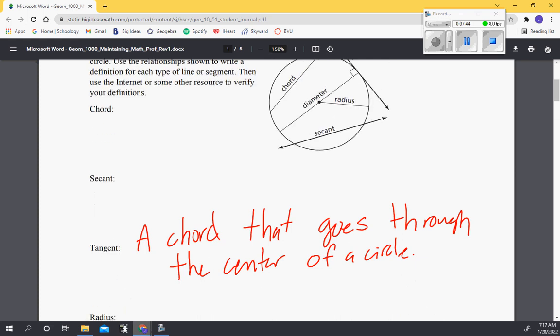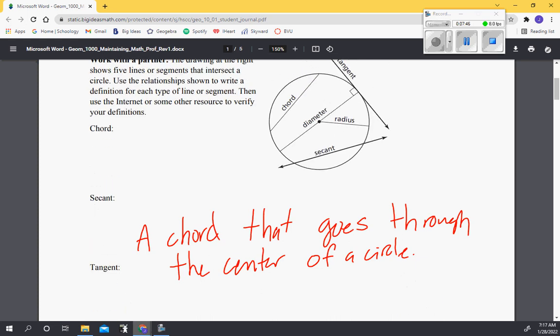Here, look at diameter. Okay, it is a chord, right? It's a segment with two endpoints on the circle, and it goes through my middle point, right through the center. Again, if I draw another figure, pretend that's a perfect circle, the diameter would have to go right through the center. Pretend that's through the center. Okay. That is diameter.